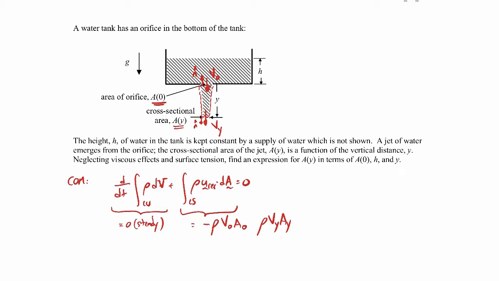So that's why I get the positive v sub y A sub y. All right, so we can go ahead and rewrite that. You see that the rhos cancel one another out, and then I'll have v sub y is equal to v sub naught times A sub naught over A sub y.